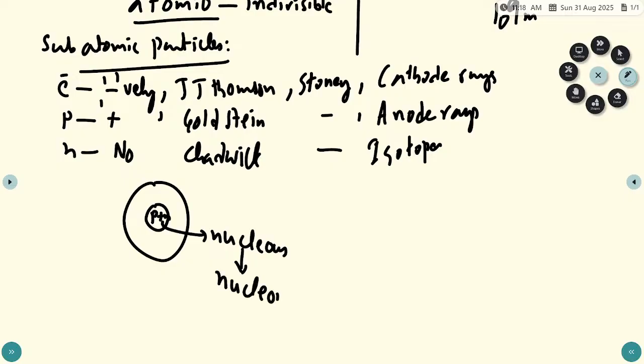Particles in the nucleus are called nucleons. What are nucleons? Particles which are present in the nucleus.